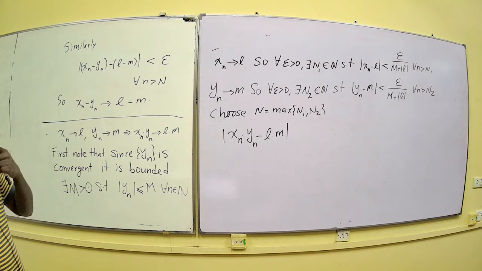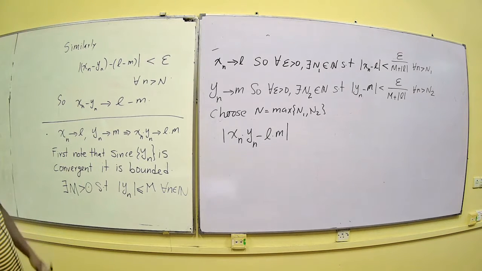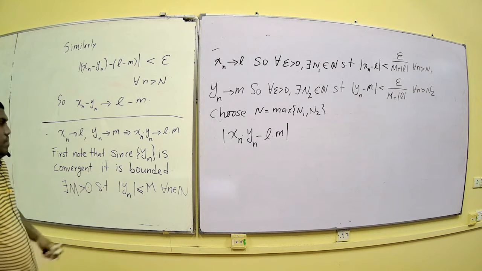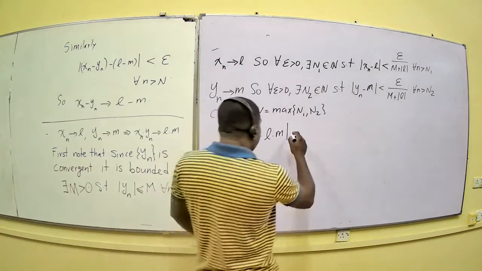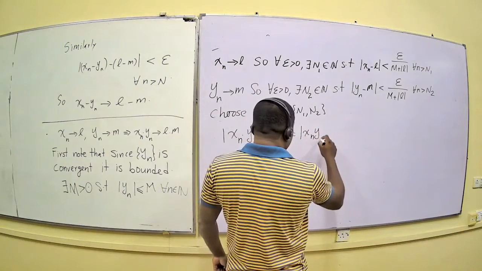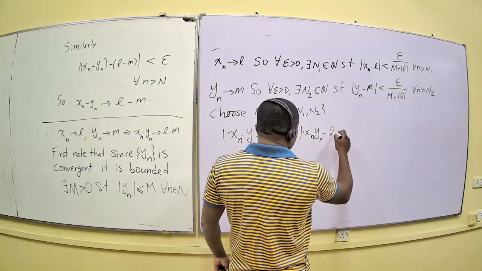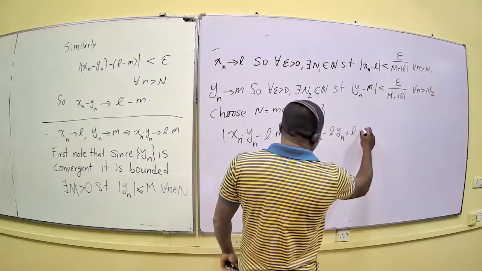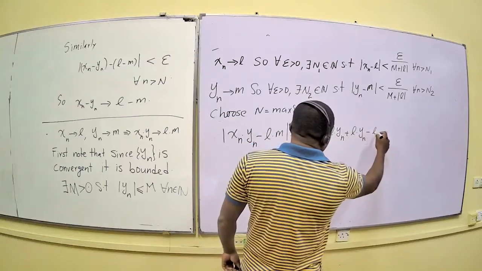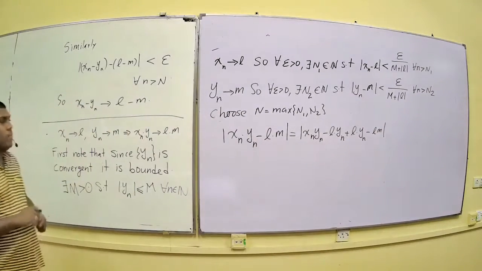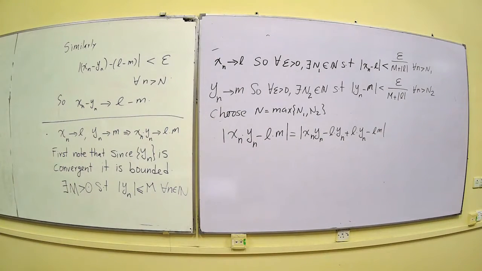But what you have is xn minus L and yn minus M. Those are the things you have, and also you have that the absolute value of yn is less than or equal to M. So what I'm going to do is add and subtract L times yn here.